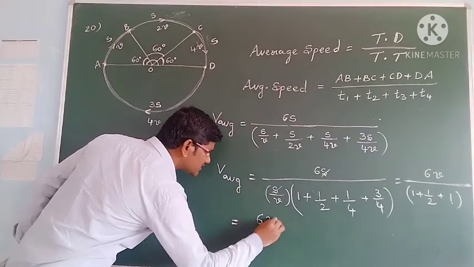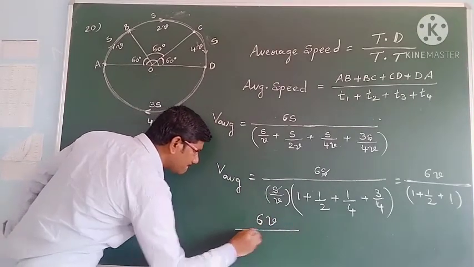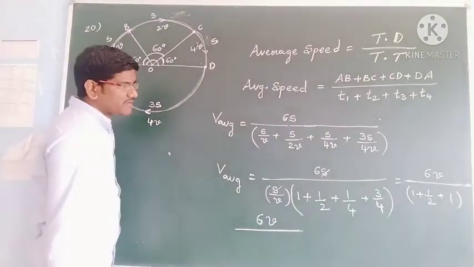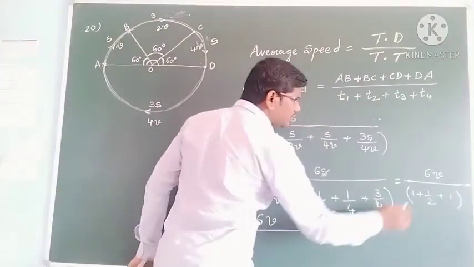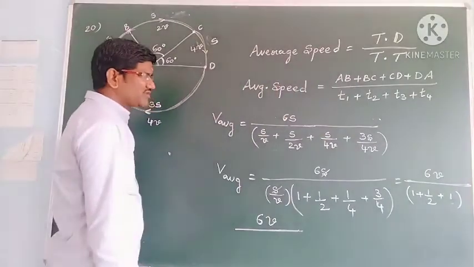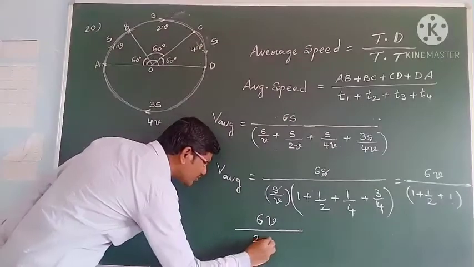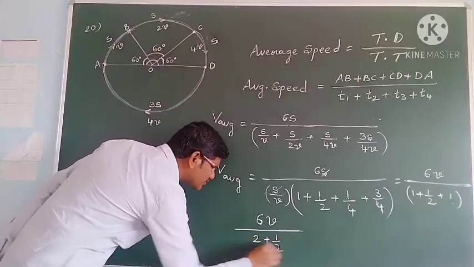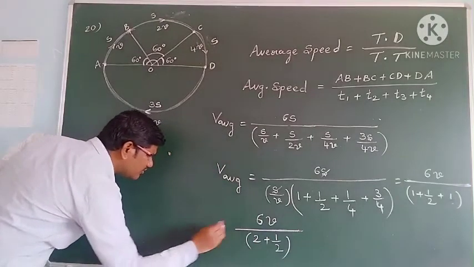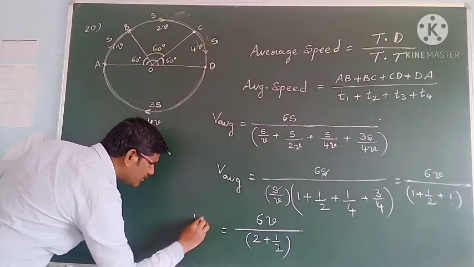So 6V by 1 plus 1 by 2, so 2 by 1 plus 2, so that is equal to, what can you write?